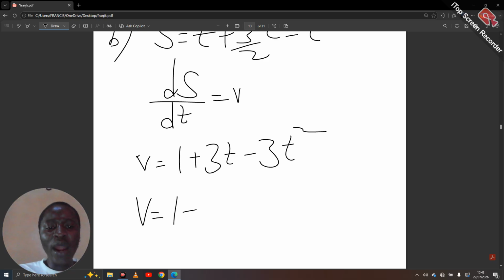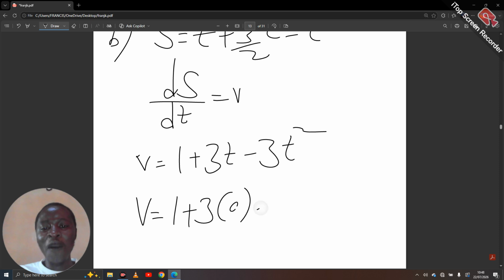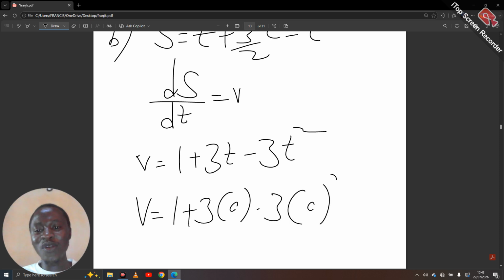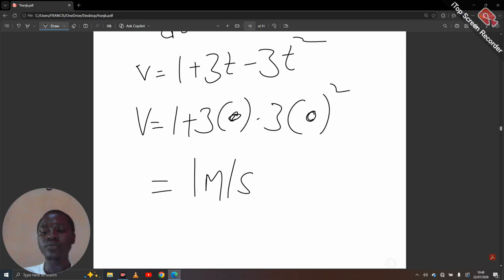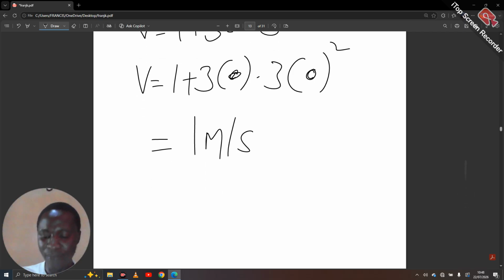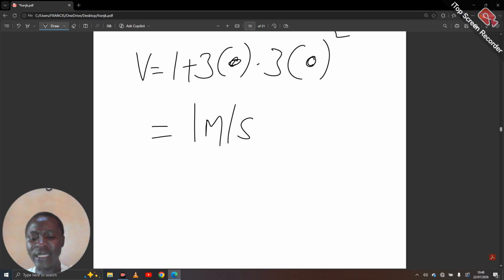So we are having 1 plus 3 into 0 minus 3 into 0 squared. After solving this, obviously our answer will be 1 meter per second.